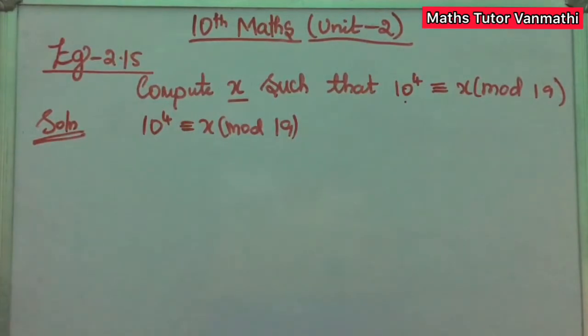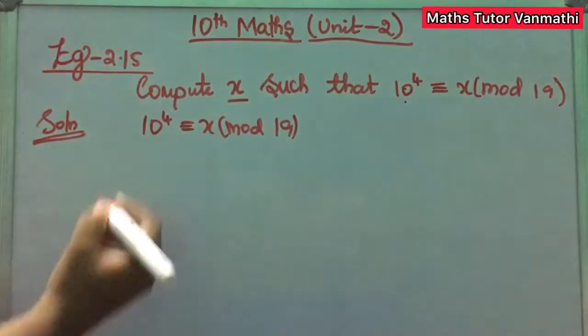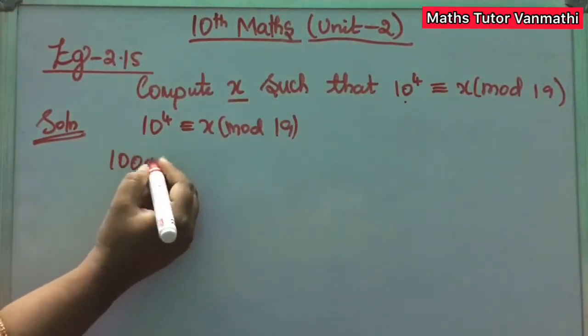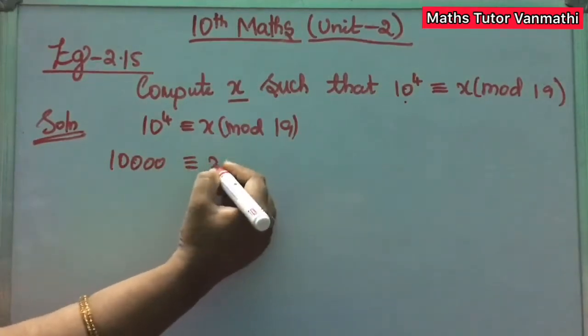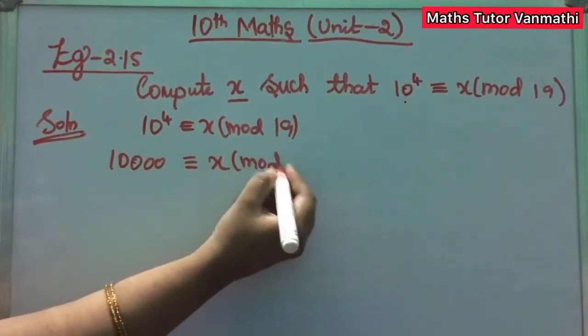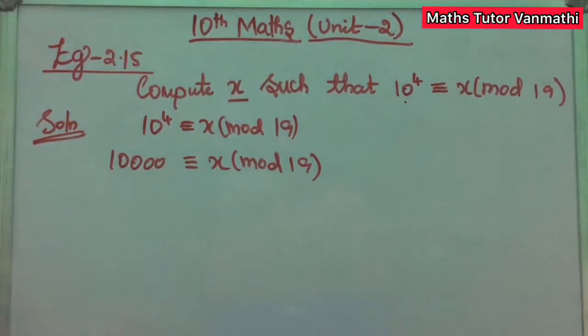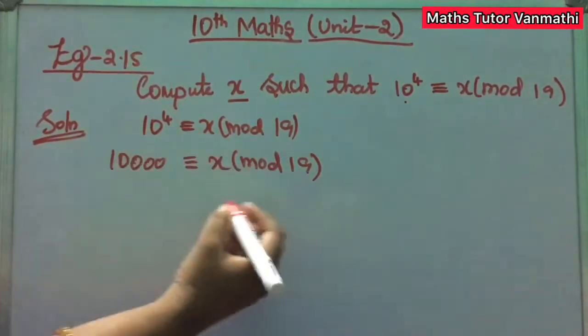What is 10 power 4? 10 power 4 is nothing but 10,000, which is congruent to x mod 19. Now we are going to divide this value.